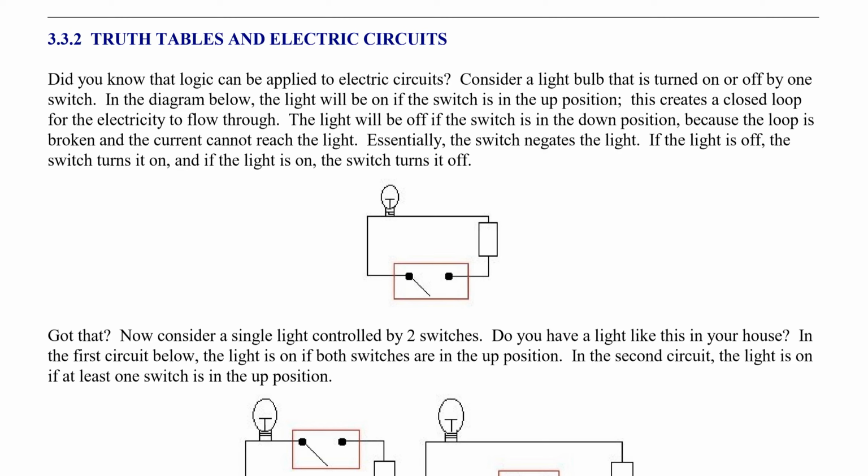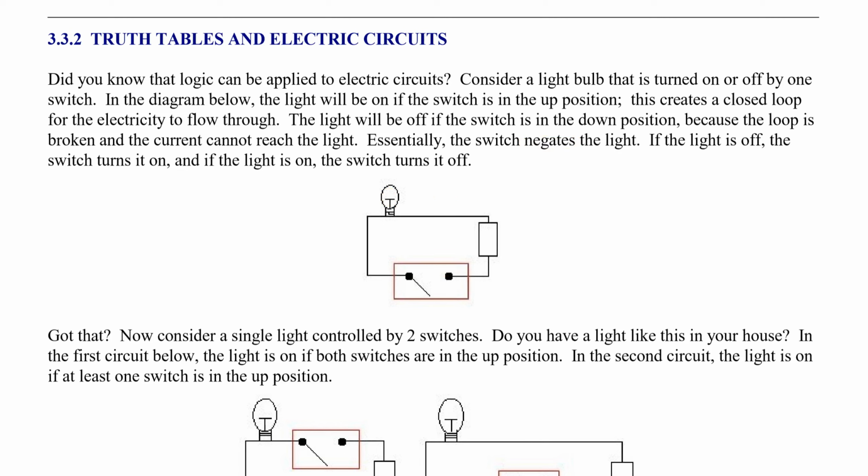So essentially, we could say the switch negates the light. If the light is off, then the switch in the up position would negate it and turn it on so that it's shining. Or if the light is on, we can negate that by putting the switch into the down position and turning the light off.